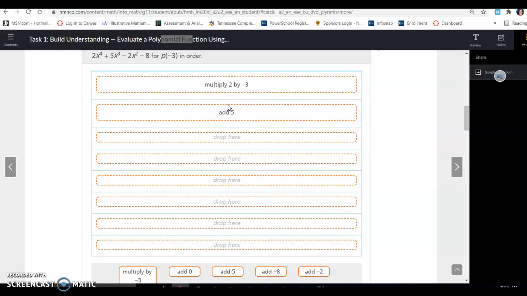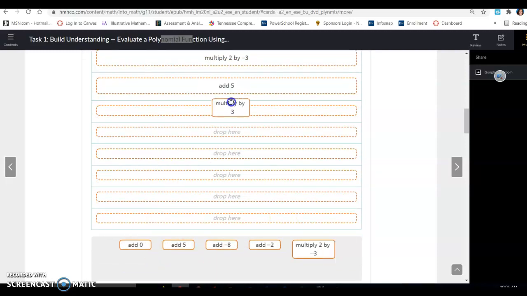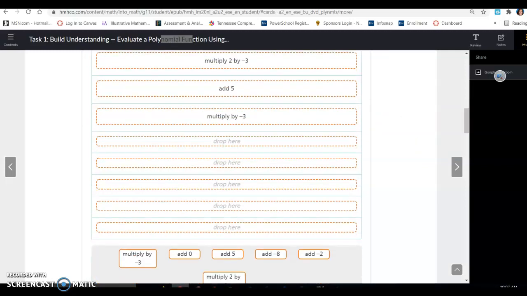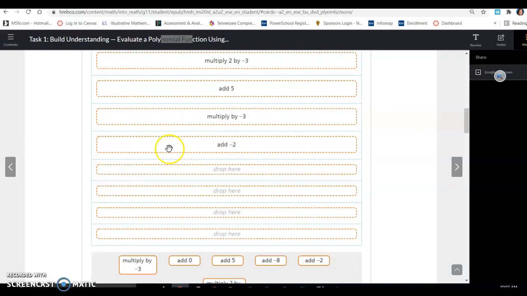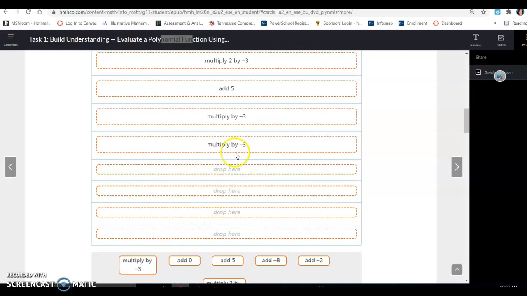So I'm going to multiply by -3 again. And after I multiply by -3, I'm going to add -2. So you alternate between multiplication and addition. So I'm going to multiply by -3 again. I multiply by -3 every other time. Whoops. Let's see, what was that? That was -2.